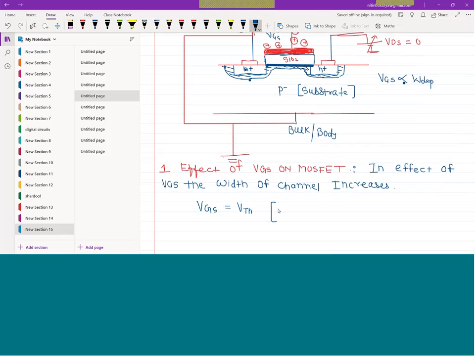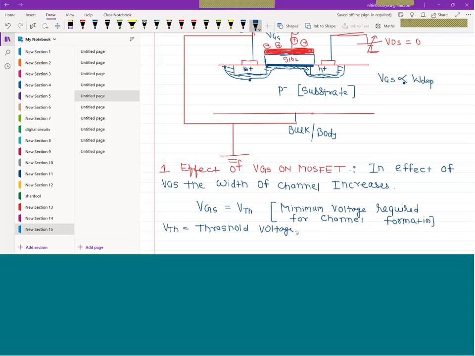The minimum voltage required for channel formation is known as the threshold voltage.